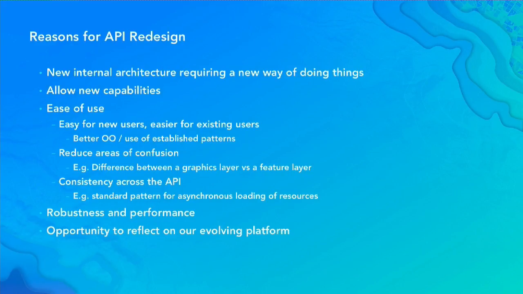We've added some standard patterns, like the loadable pattern for dealing with loading asynchronous resources. There's one way that we work with asynchronous resources. It's through the loadable pattern. And every place where you see a resource being loaded asynchronously, it always follows the loadable pattern. So it's very predictable. Once you've learned the loadable pattern for dealing with layers or maps, you know how to deal with the loadable pattern for another aspect of the API.